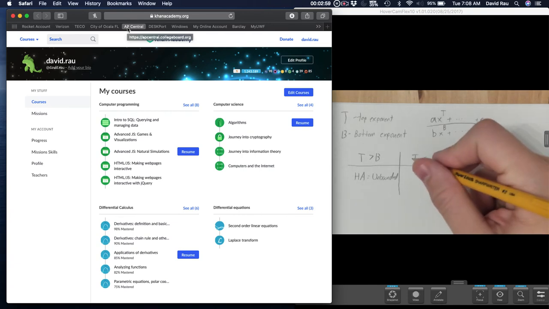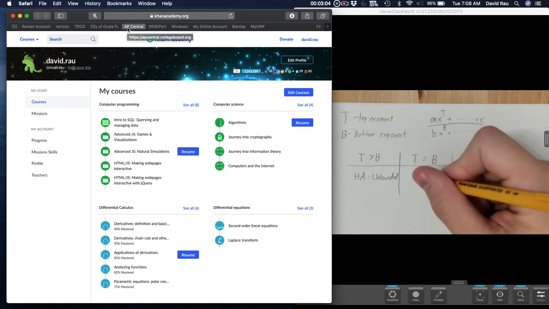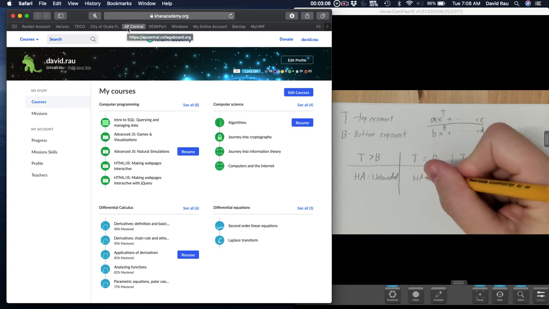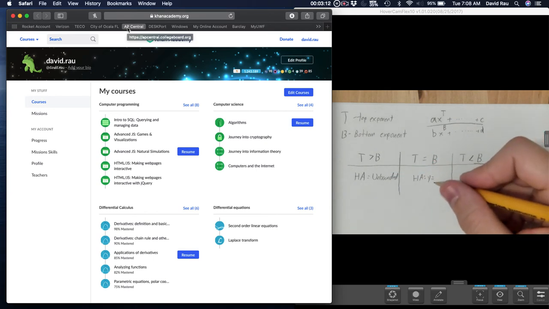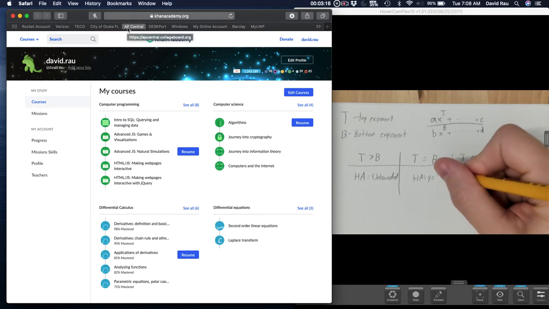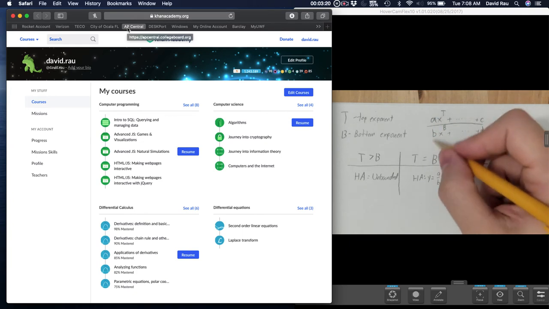Now if the top exponent is equal to the bottom exponent, then we have something really interesting happen. It turns out the HA is a horizontal line, which means it's written as y equals something. The y equals a over b. So it actually equals whatever the numbers are in front here.